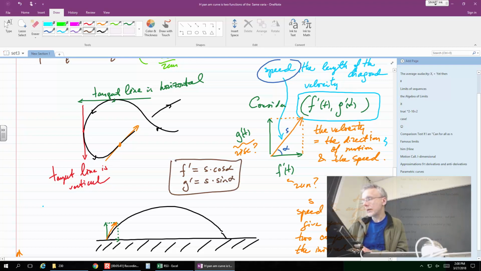Okay, so that's the relation between these two different ways to represent things. The reality, where you only have access to the speed and the angle of the throw, and then the two derivatives, two velocities separate with respect to x and y.